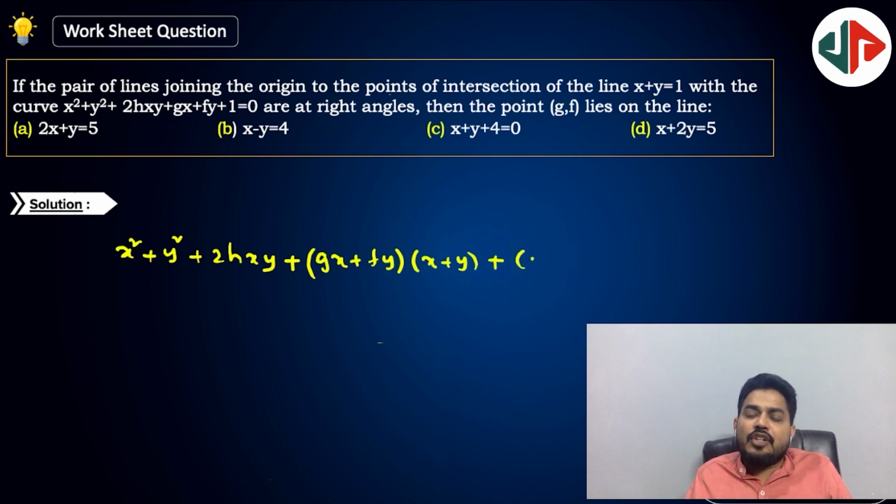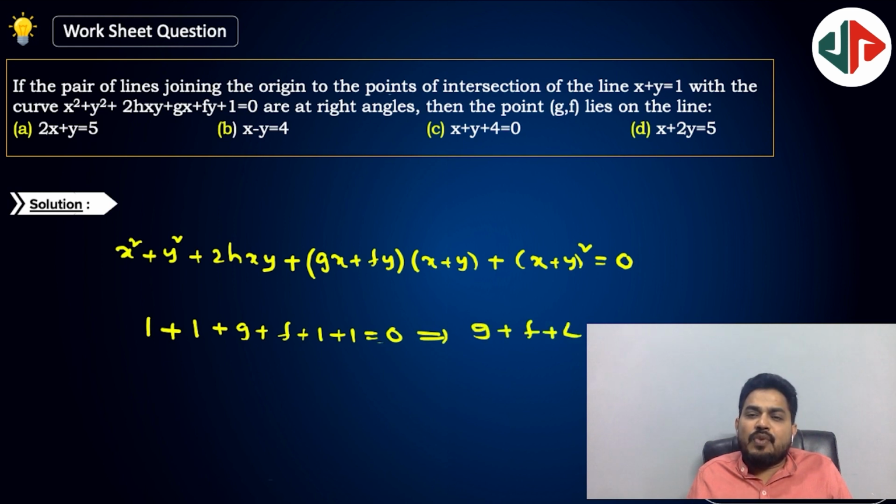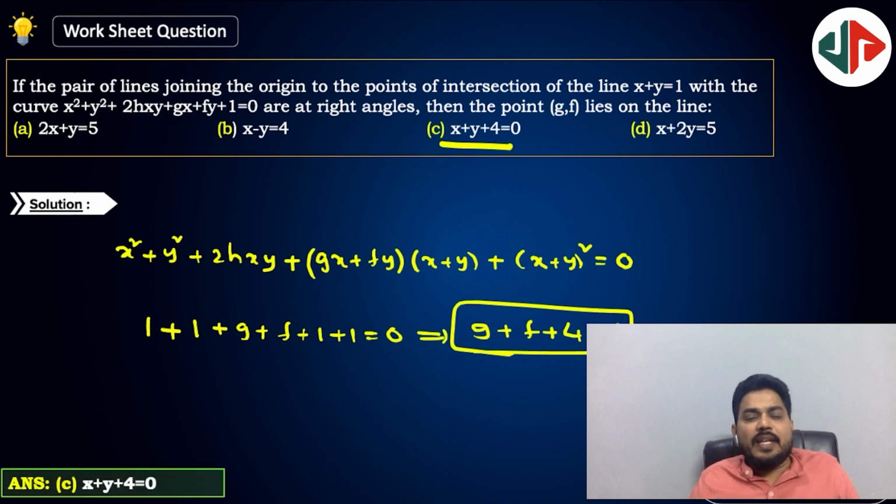Instead of 1 you write 1 square, (x plus y) whole square. They are at right angle, so the x square coefficient plus the y square coefficient is equal to 0. There is no xy coefficient here, plus g plus f, x square plus y square is equal to 0. So g plus f plus 4 is equal to 0. So (g, f) lies on x plus y plus 4 is equal to 0.